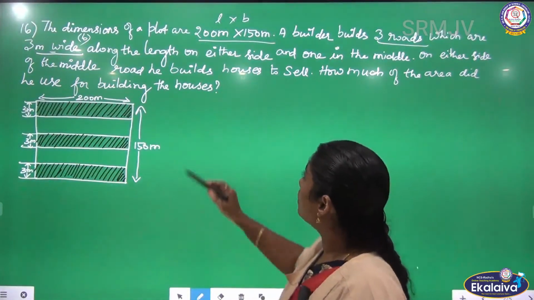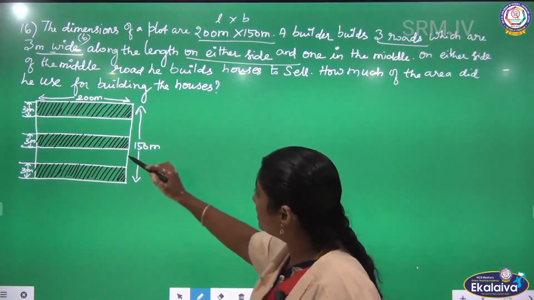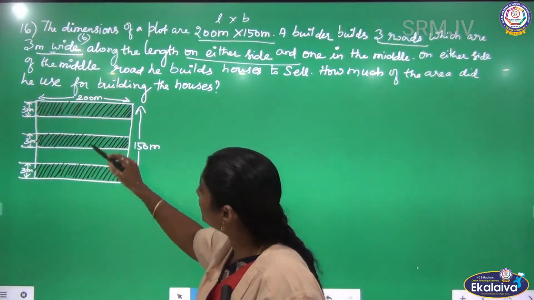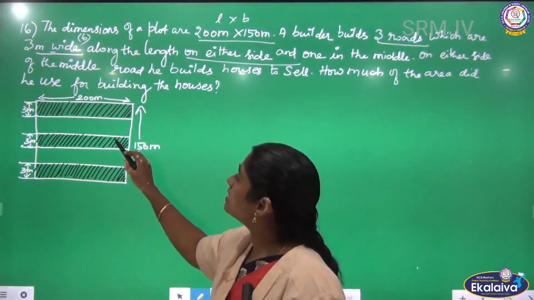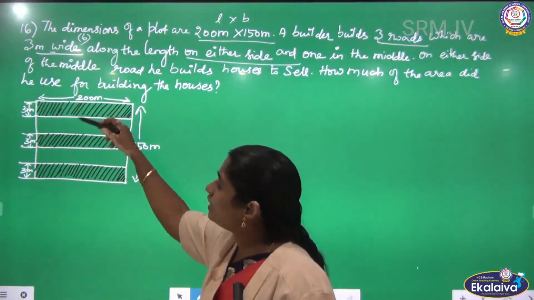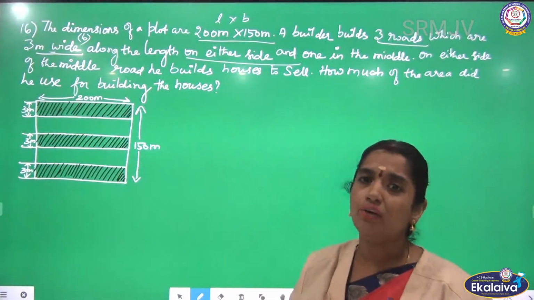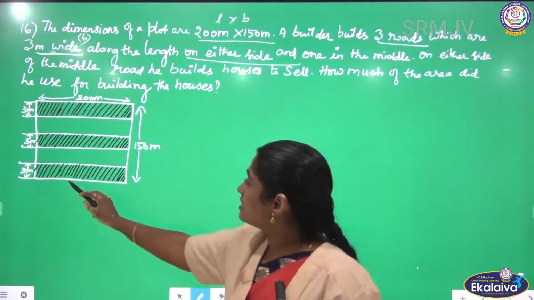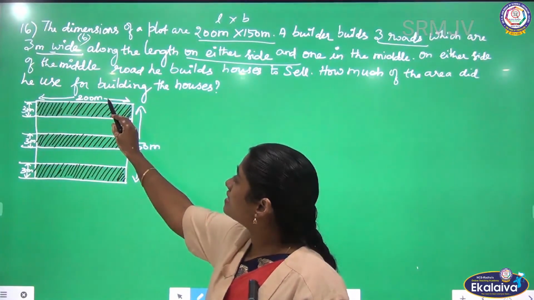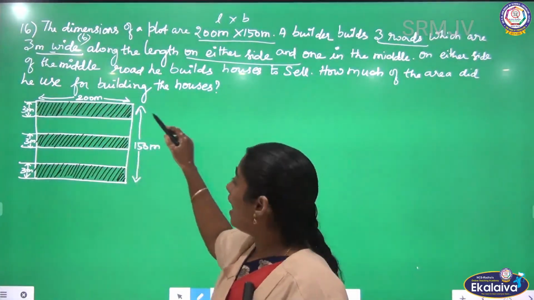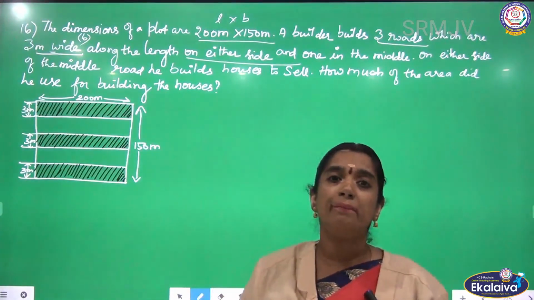Along the length, on either side, there is one road in the middle, and either side you have 2 roads. So totally you have 3 roads. This 200 meter is the length dimension and 150 meter is the breadth dimension.